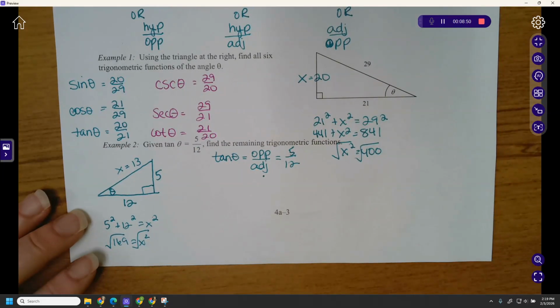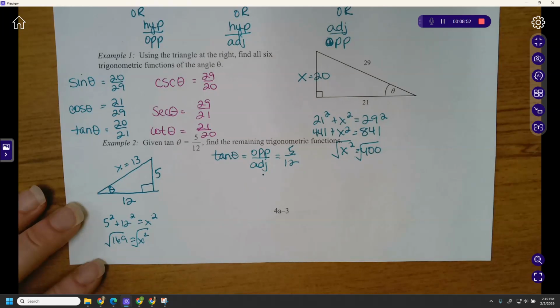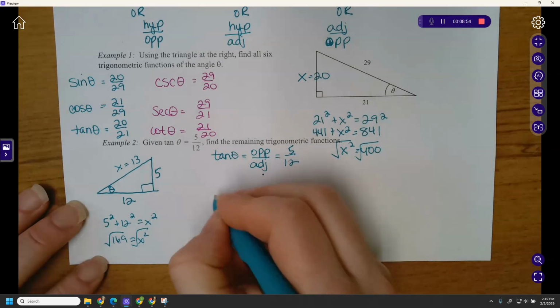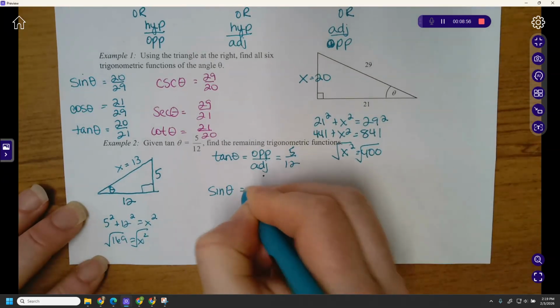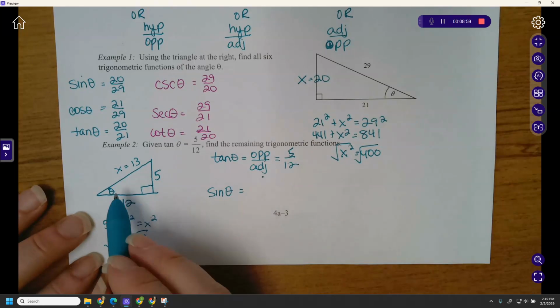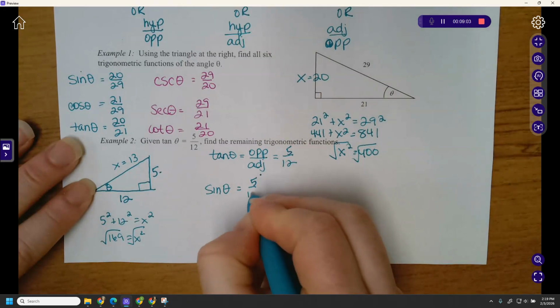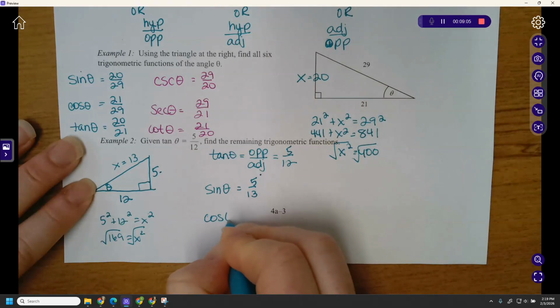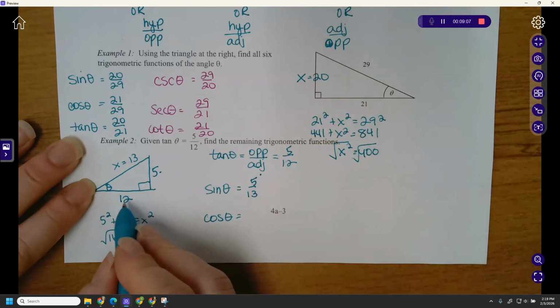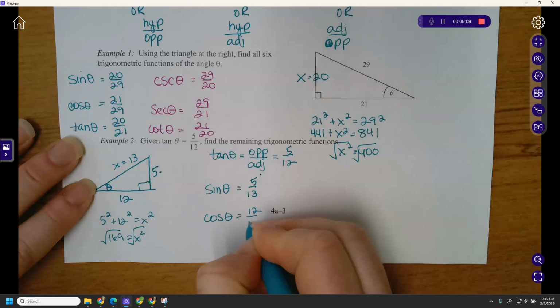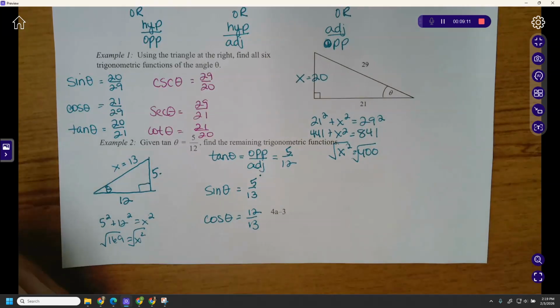And I think you can go from there. Let's just at least do the regular ones. So sine would be, by regular, I mean the non-reciprocal ones, opposite over hypotenuse, so it would be 5 over 13. Cosine would be adjacent over hypotenuse, so 12 over 13, and then you could go from there.